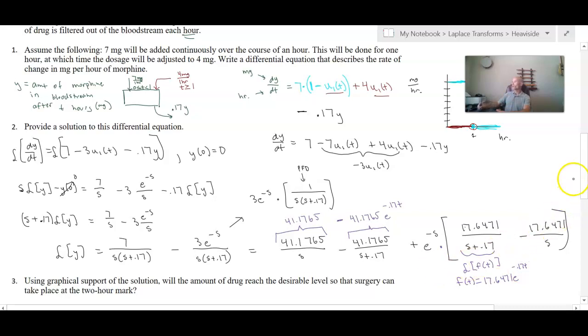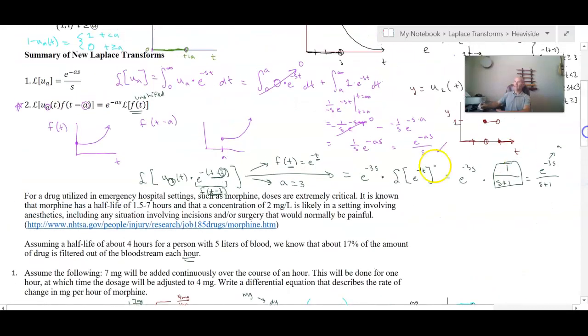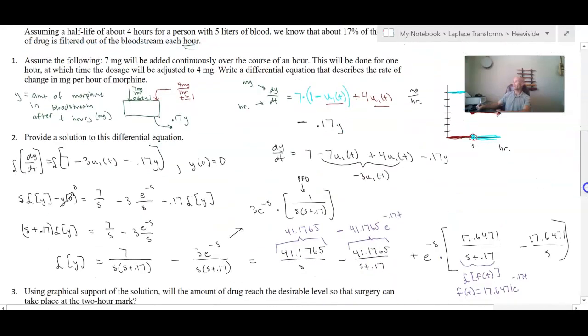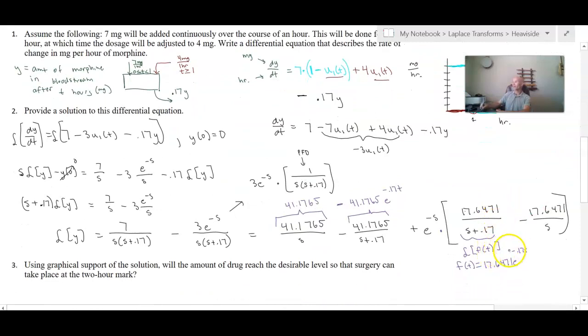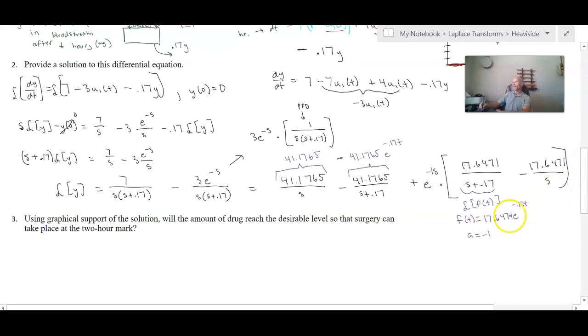And in order to work backwards, I need two things. I need to know what is f of t, because here I'm just going to replace the t's with t minus a. And that begs the question, of course, well, what is a? Well, a is negative 1, right? That's still the same a that we had originally. So that's usually an easy one to deal with. A is negative 1. And now we can invert this.